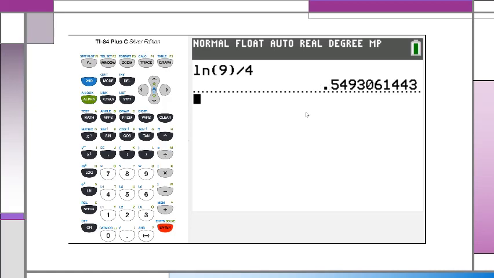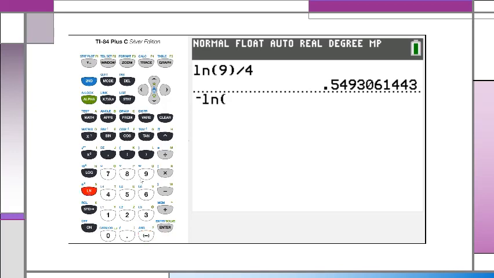that's 0.5493. Now let's move to the next one, 4b, where we got down to x equals the negative natural log of 9 over 4. To solve that, I first hit the negative button, not the subtraction, and then hit ln.